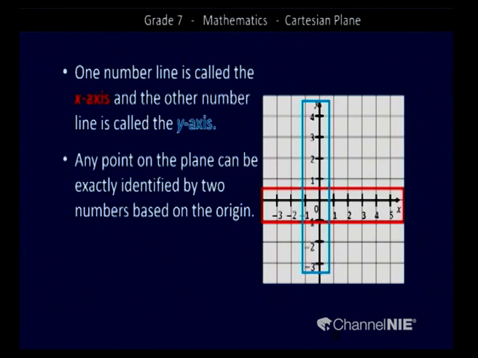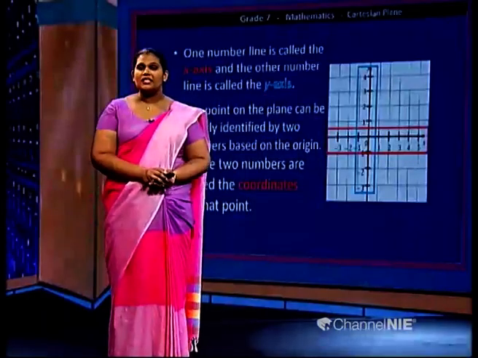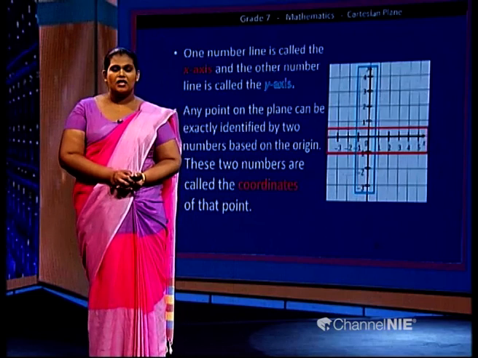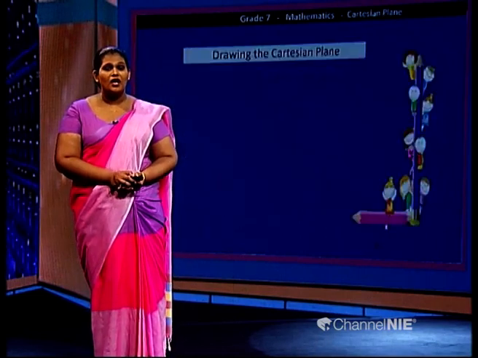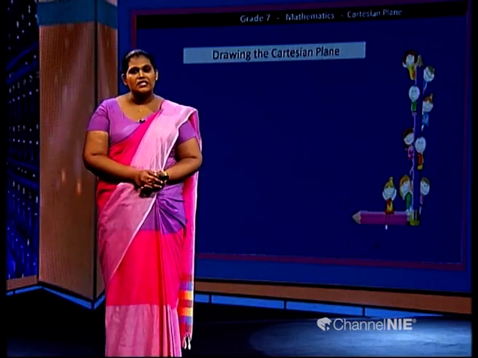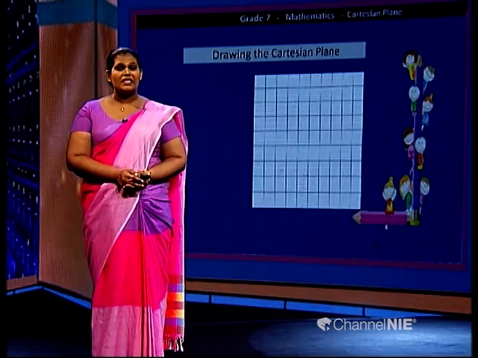So, any point on the plane can be exactly identified by 2 numbers based on the origin, and those 2 numbers are called coordinates of that point. So, we will discuss coordinates in a few minutes. First of all, I thought of teaching you how to draw a Cartesian plane properly. Now, can you see this grid?